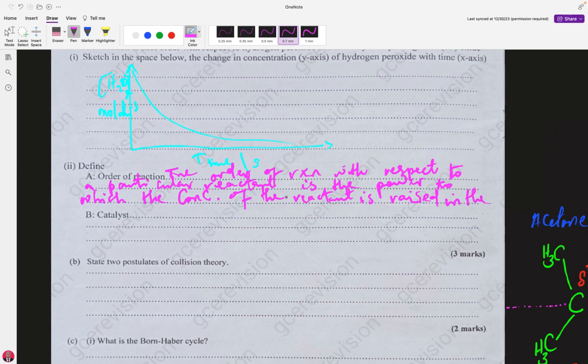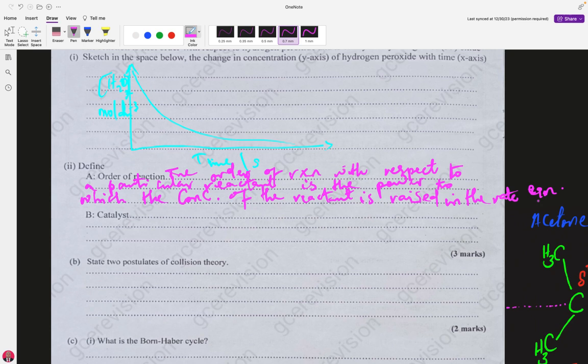I say once more, the order of reaction with respect to a particular reactant is the power to which the concentration of the reactant is raised in the rate equation.